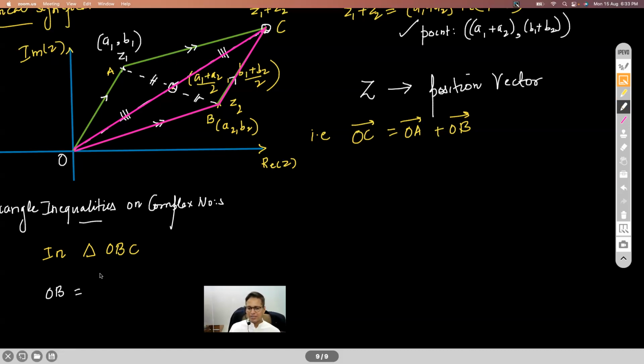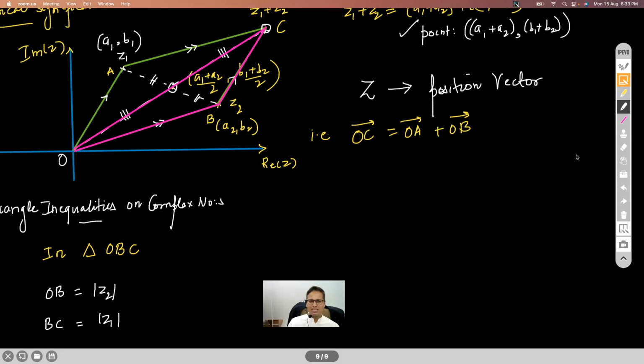Yeah, modulus Z2, correct. What is the BC length? Modulus Z1, correct. Because this length and this line should be the same, because it's a parallelogram at the end of the day. And what is the AC length?